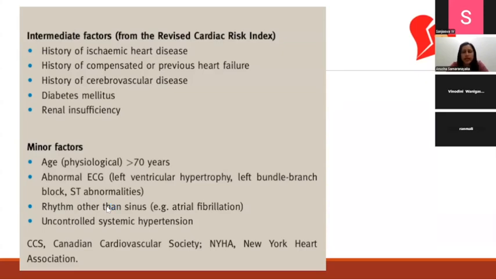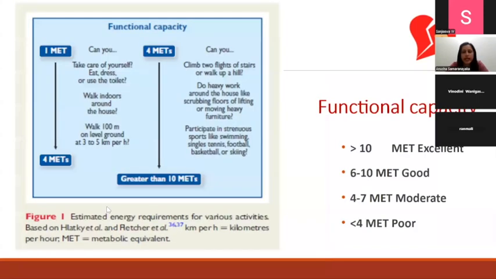And most importantly, I highlight the importance of assessment of functional capacity. We all assess the functional capacity depending on the physical activities the patient can do in day-to-day life.